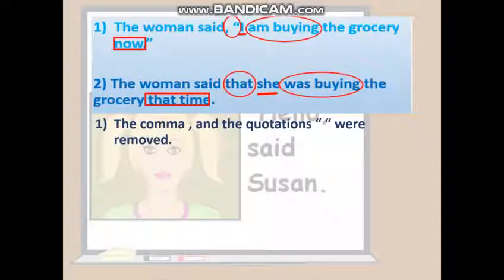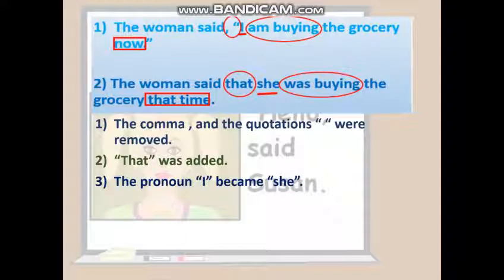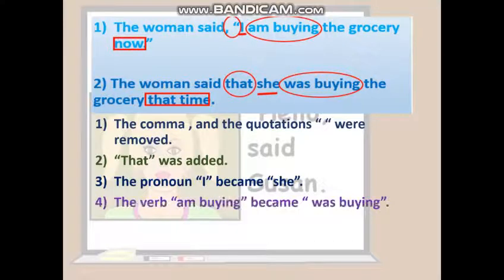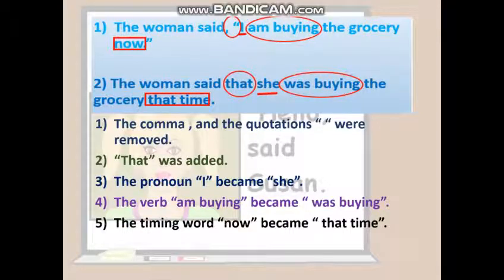In sentence 2, the comma and the quotations were removed. "That" was added. The pronoun I became she. The verb am buying became was buying. The timing word now became that time.